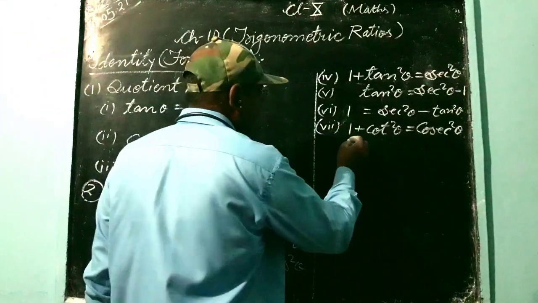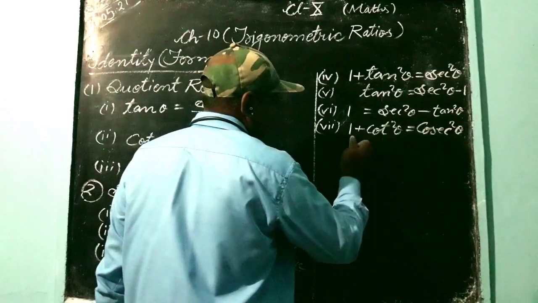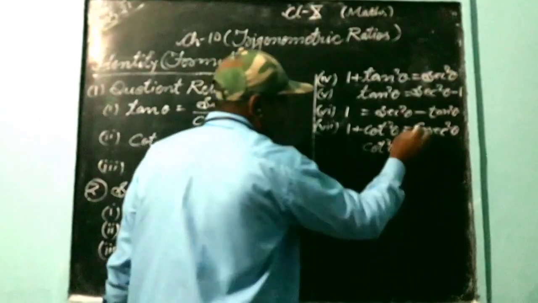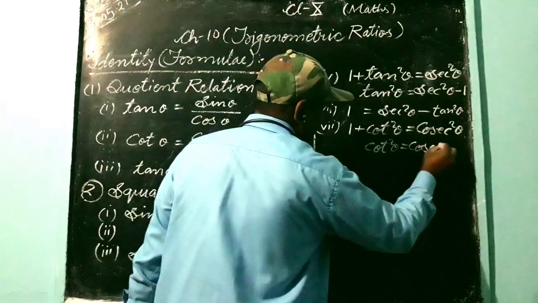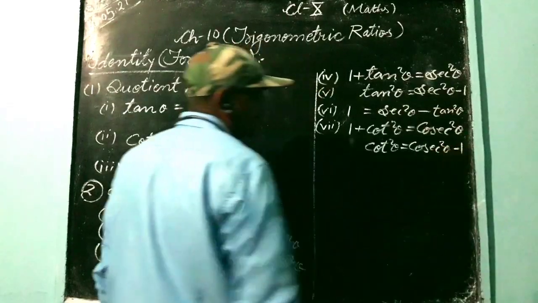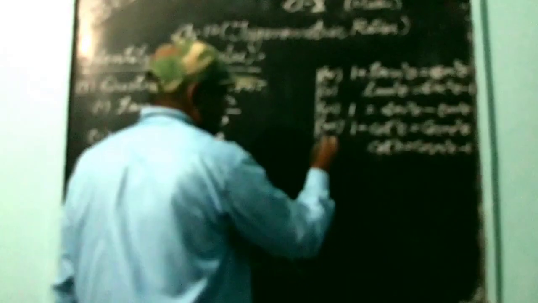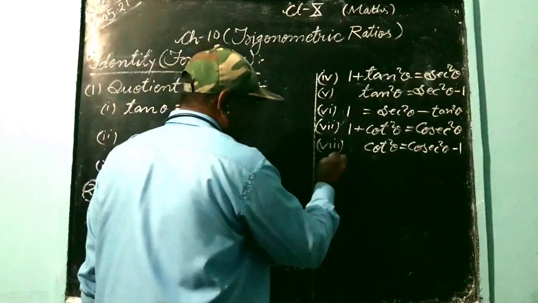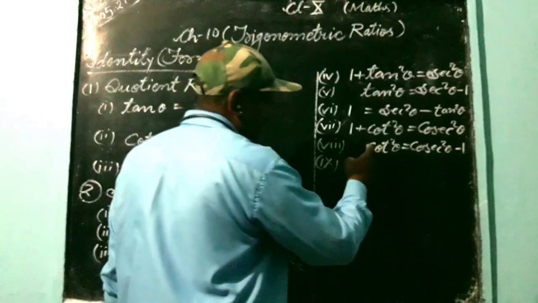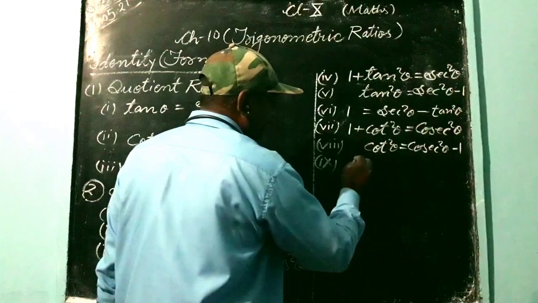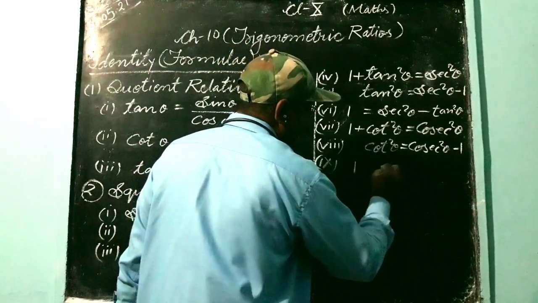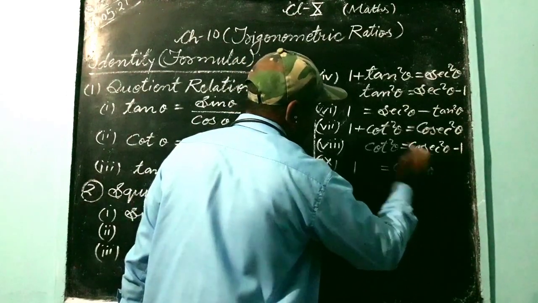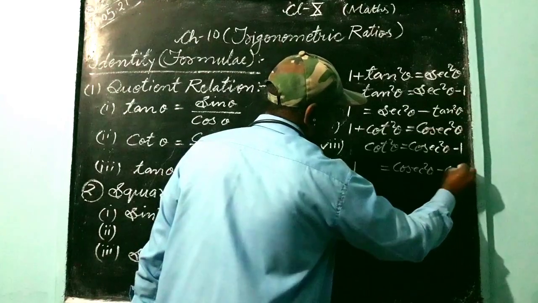When you transpose, cot square theta is equal to cosec square theta minus 1, and the other one, when you transpose cot square theta, is 1 is equal to cosec square theta minus cot square theta.